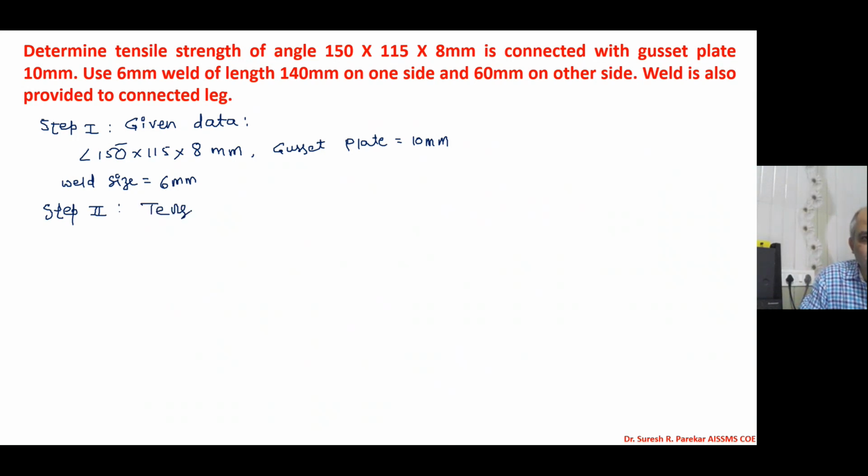Tensile strength is the minimum of. Now we have to go only for two. One, that is yielding of cross section.